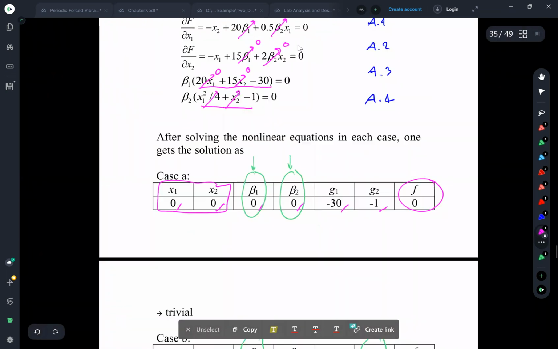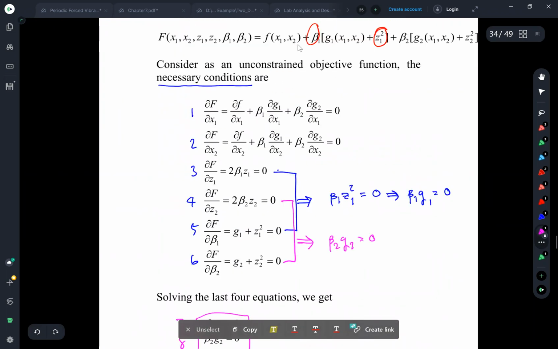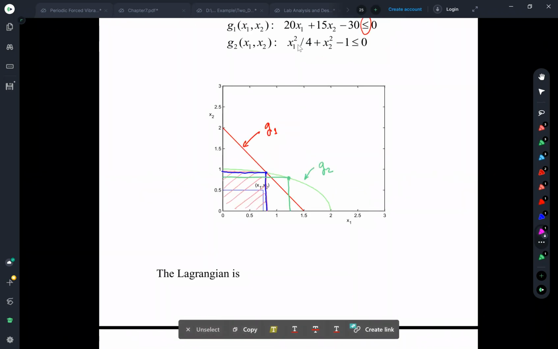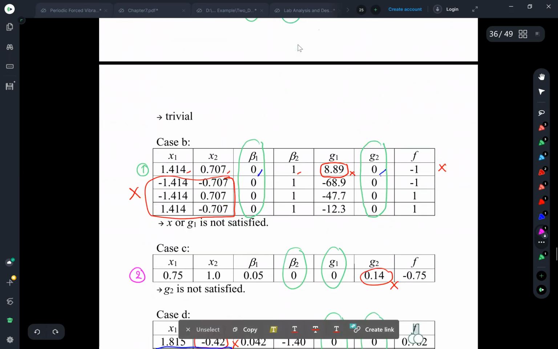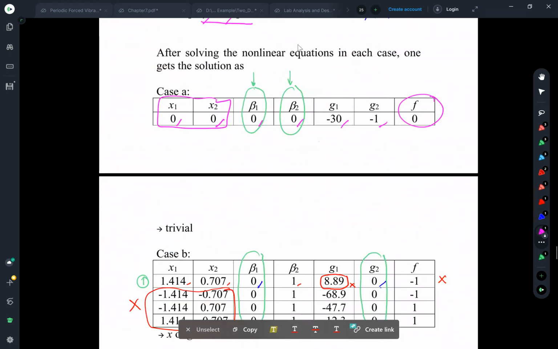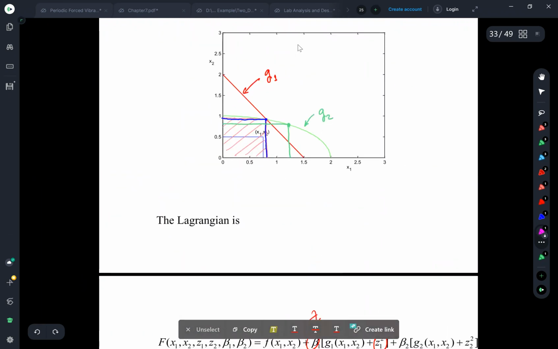Why don't we draw it on the curve using the pink color? I forgot. Where is it? x1 is 0.75 and 1. Okay, then 0.75 and 1 is here.